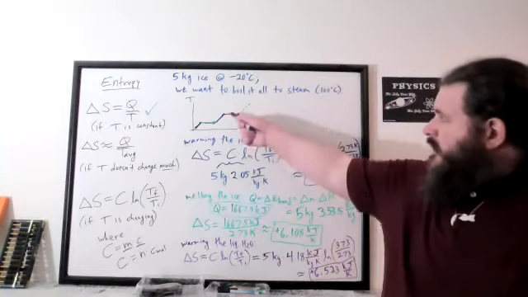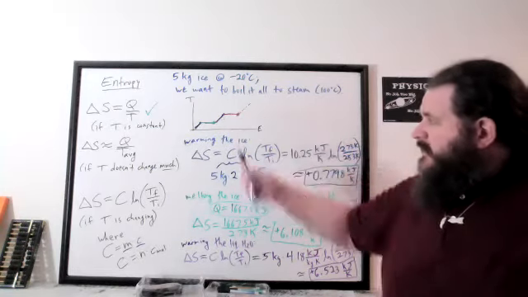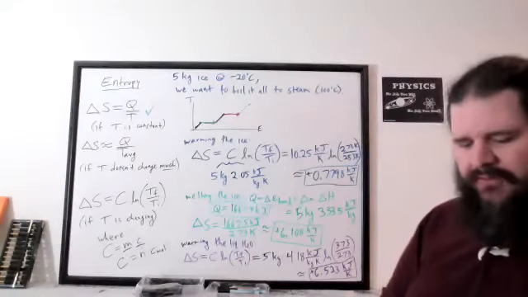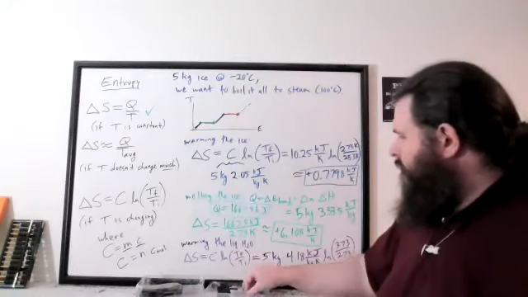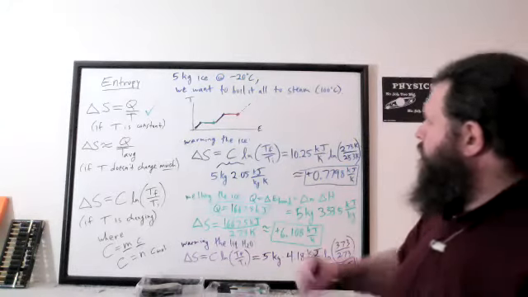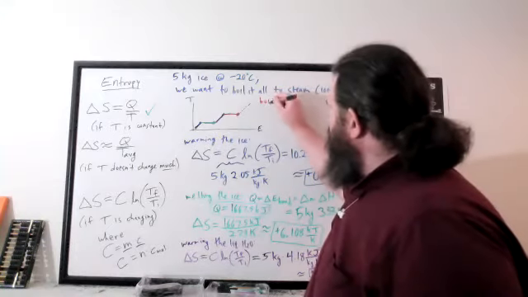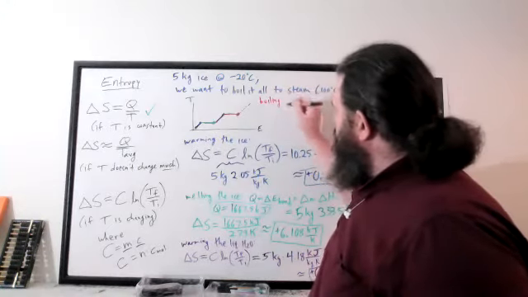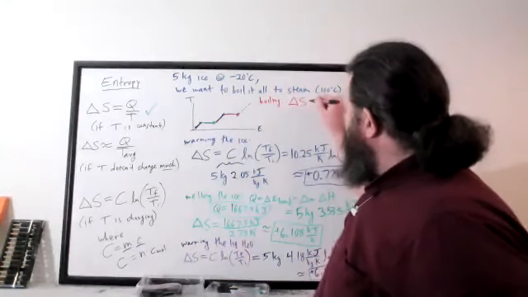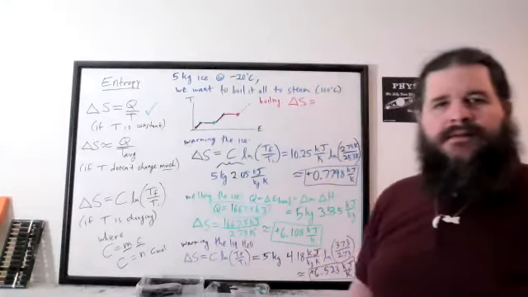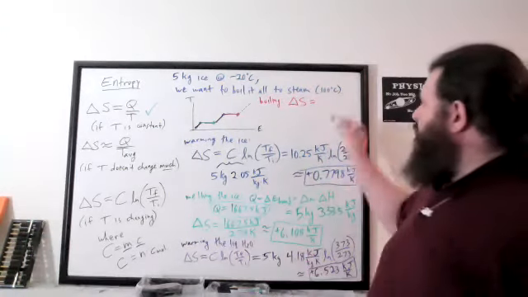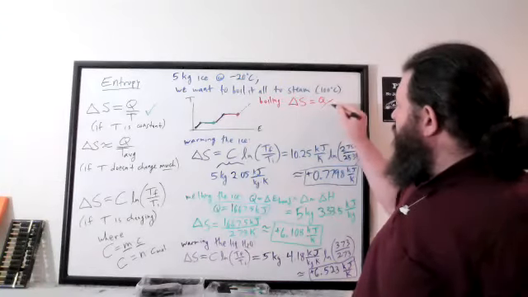And lastly, we also want to change the phase from liquid to gas. So what formula would we have to use for that? Just heat divided by temperature. Yeah, during the phase change, the temperature is constant, so we can just use heat divided by temperature.